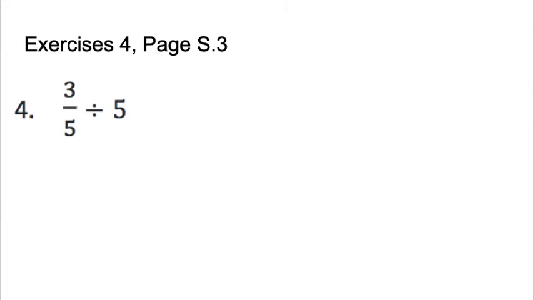Okay. Let's go on to this next one here. Okay, same thing. We just write our equivalent multiplication problem. So we end up with 3/5 times the reciprocal of 5 again, which is 1/5. So we end up with 3/25.